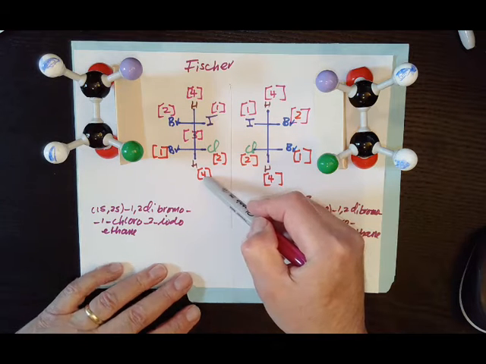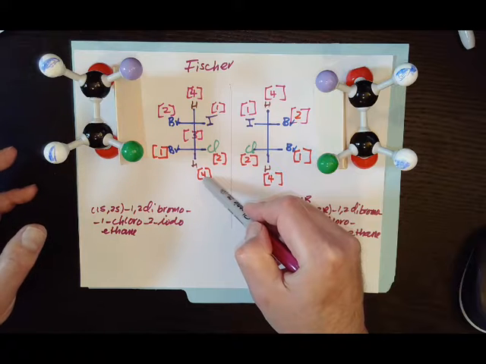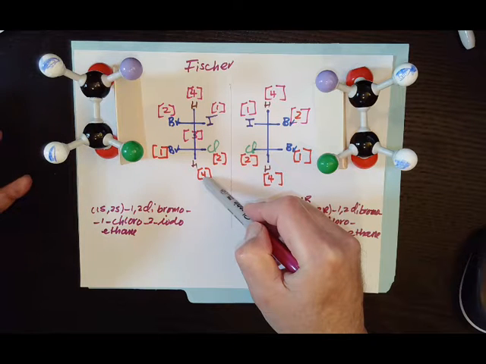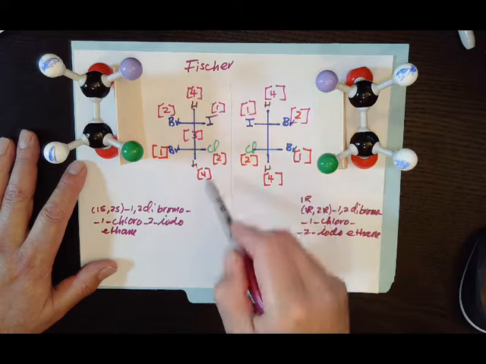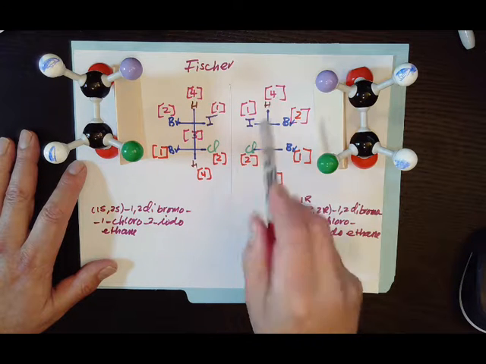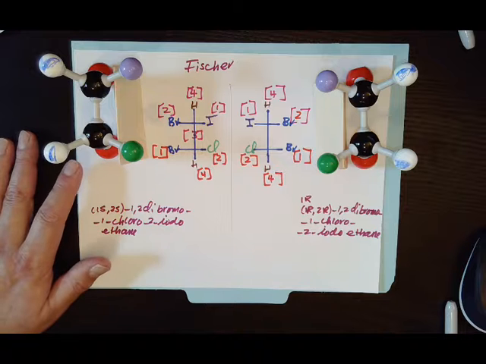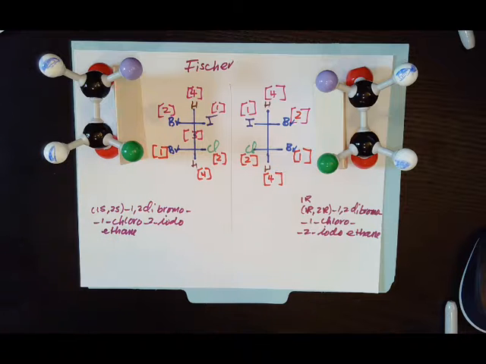Remember number 4 in the previous dash and wedge was away from us. It's the same thing as that. So if number 4 is on top or the bottom, we can ignore it. That's the key. 4 has to be on top or the bottom, and we can ignore it.